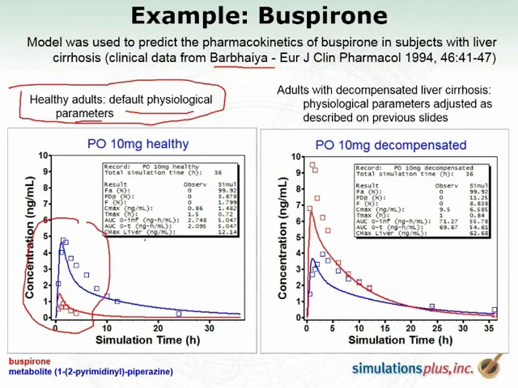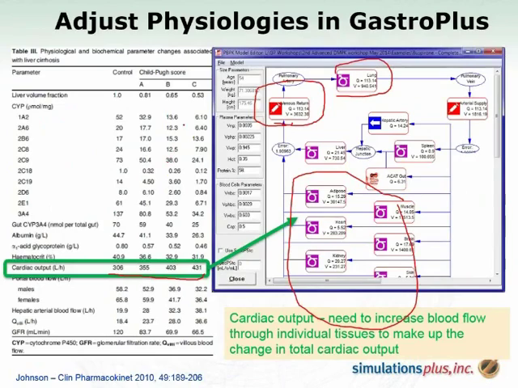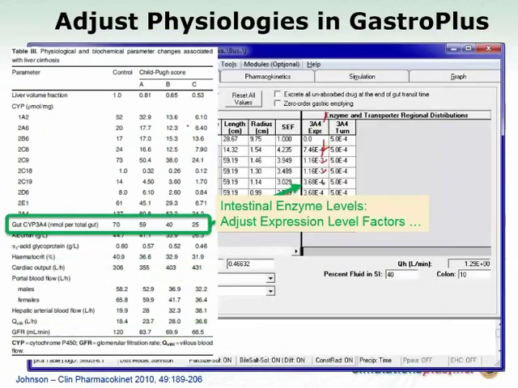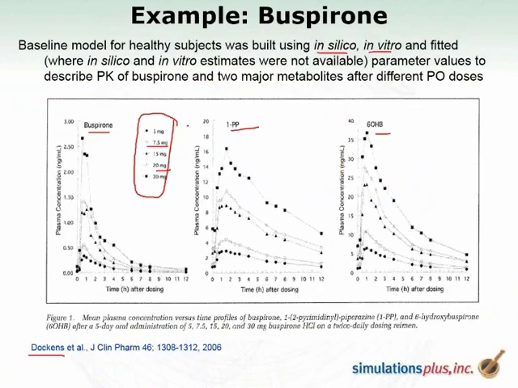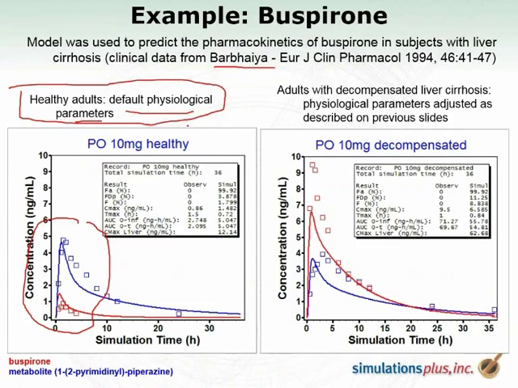The next step was using the same drug-dependent parameters, but adjusting physiologies exactly as I described on the earlier slides. If some of you attended our last two DMPK workshops, you know that's exactly what we were doing, going step by step, changing all of those parameters and making predictions for liver cirrhosis.